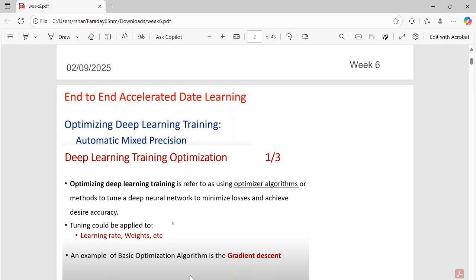So here we have two things we can tune, which are the learning rate or weights and other parameters, and even batch size can also be tuned. So the optimization algorithms include gradient descent.